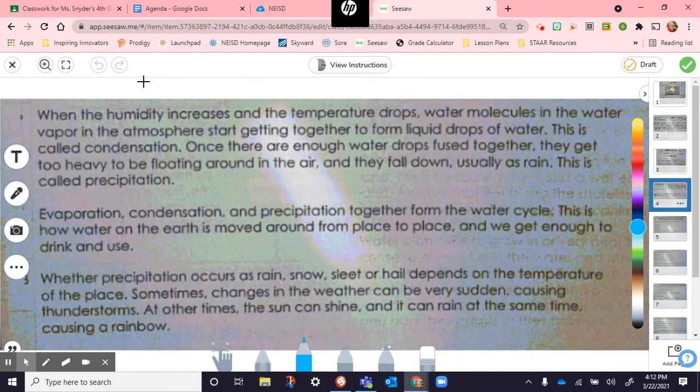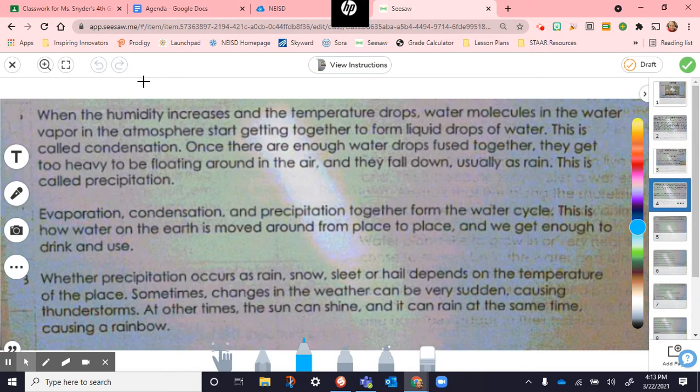When the humidity increases and the temperature drops, water molecules in the water vapor in the atmosphere start getting together to form liquid drops of water. This is called condensation. Once there are enough water drops fused together, they get too heavy to be floating around in the air and they fall down, usually as rain. This is called precipitation.